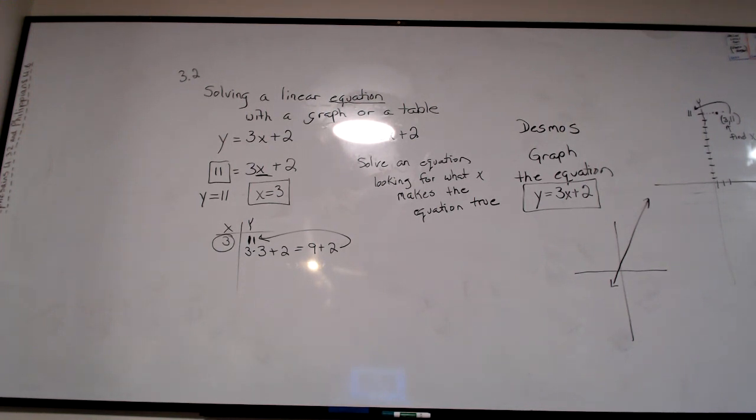I'm trying something. x comma 11. It's telling me right now that it's not going to tell me what x is. It says you don't have a full point there.